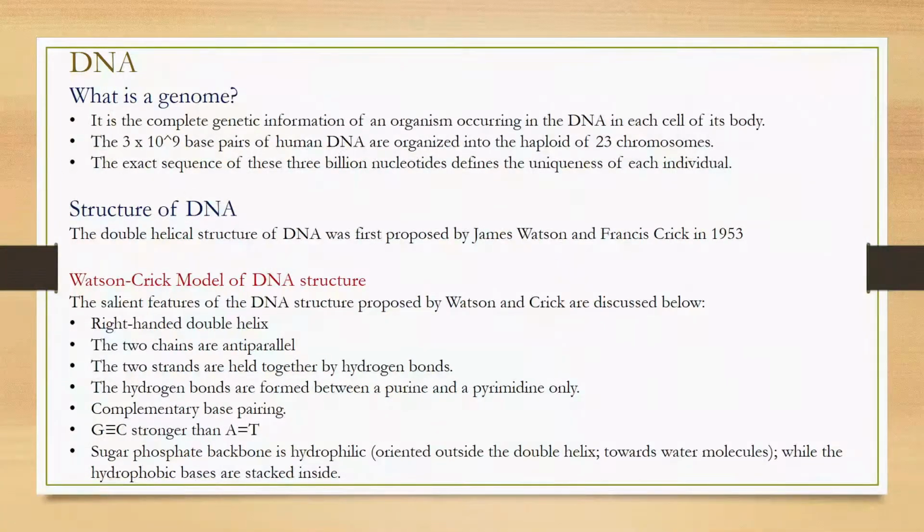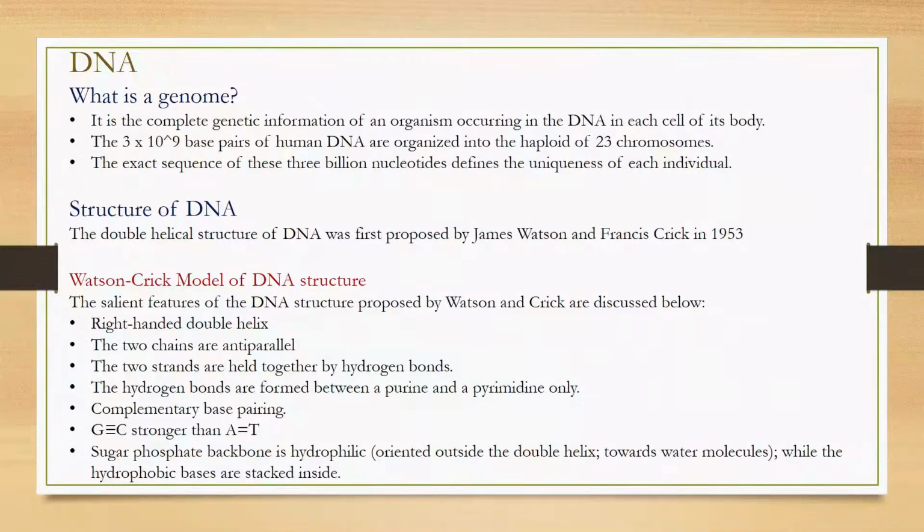The ring structure of each base occurs in a flat plane perpendicular to the sugar phosphate backbone, resembling the steps on a spiral staircase. The base pairing maintains a constant distance between the sugar phosphate backbones of the two strands as they twist around each other.